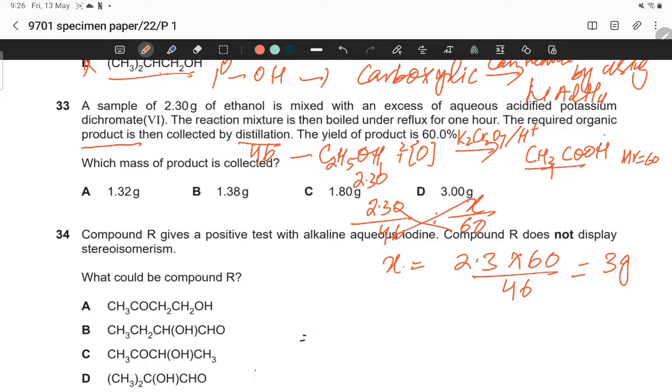So we know that the yield of product is 60%.